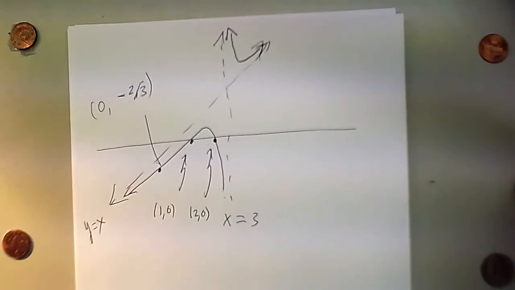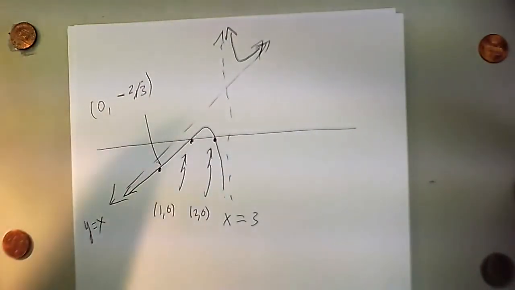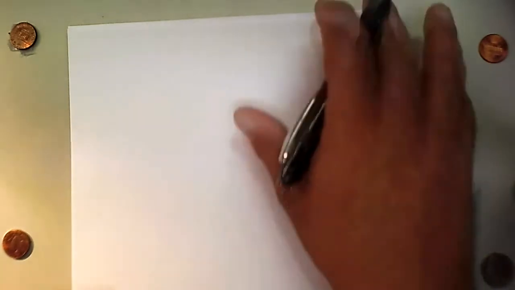Let's do an example with a horizontal asymptote, which is not 0. Example 10.